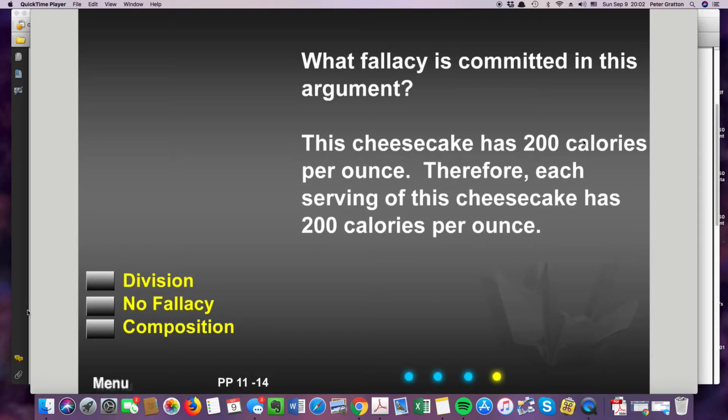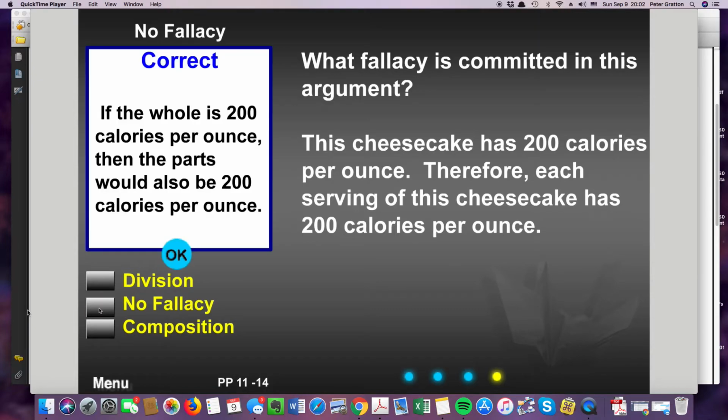It's good to presume that if the cheesecake as a whole, unless it's a special kind of cheesecake, I would say there's no fallacy here, right? That the cheesecake as a whole, properly, when you split it up, should have 200 calories per ounce as well. So I think no fallacy. If the whole is 200 calories per ounce, then the parts would also be 200 calories per ounce.